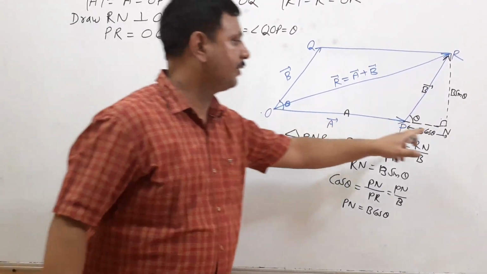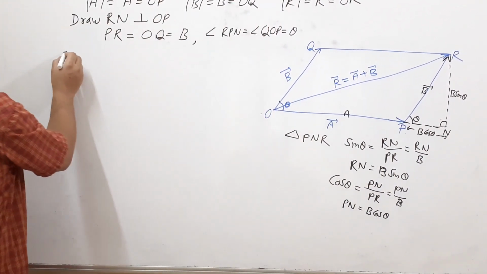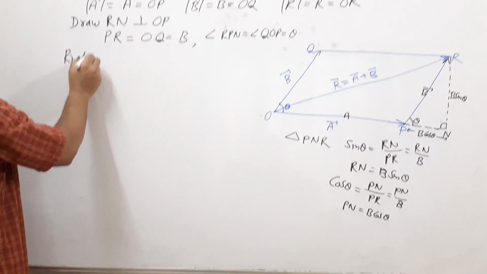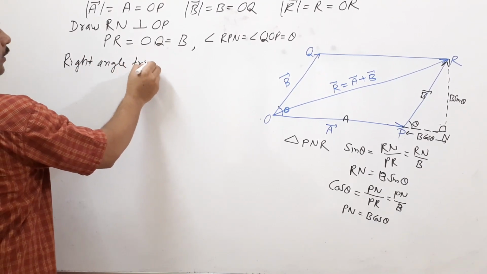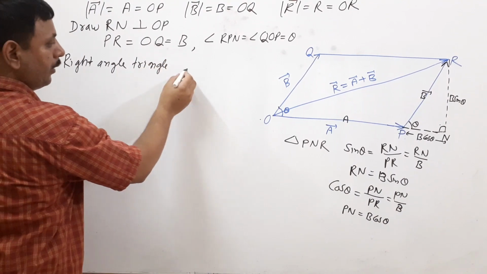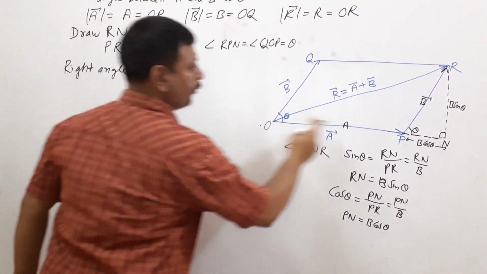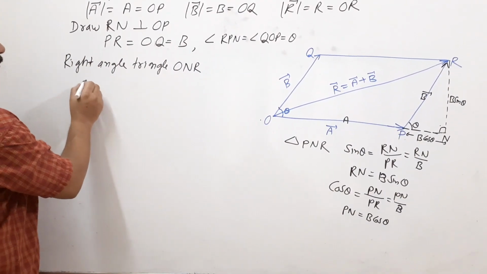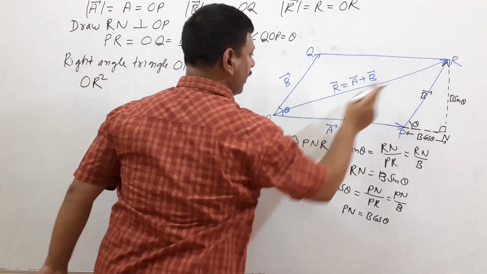We can take this triangle ONR. This is a right angle triangle. In this ONR, by Pythagoras, hypotenuse OR square is equal to what?